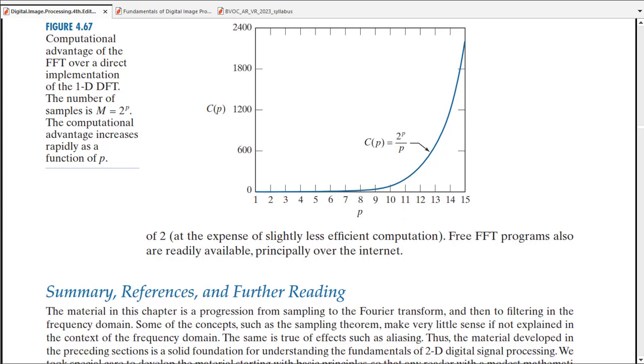In these cases, fast Fourier programs are also readily available for this application.